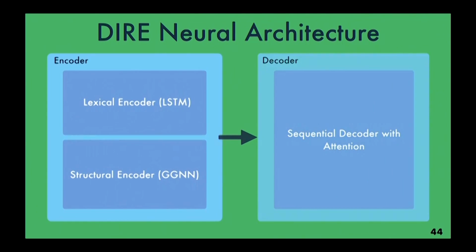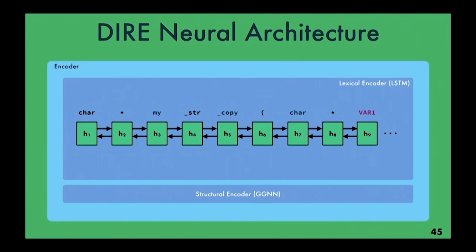For encoding, we're using two things. We're using a lexical encoder that reads in sequences of tokens in the same way I showed you a slide or two ago, and converts this into a vector of real numbers. A couple of interesting things here, and you can, again, find all the details in the paper or talk to me offline.